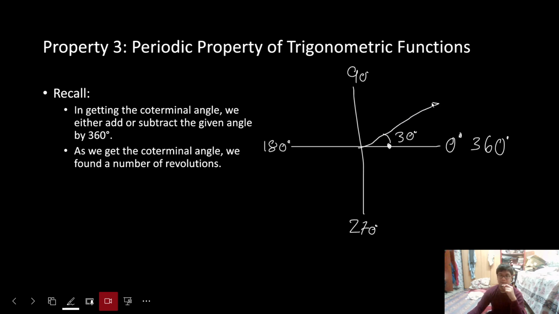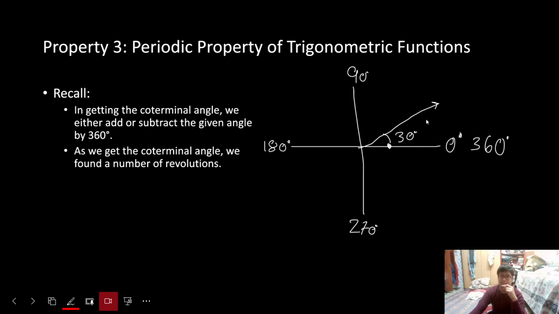So here, suppose that we have an angle, let's just say 30 degrees. From here up to there, you form an angle of 30 degrees. Now what we're going to do is get its coterminal angle. We either add or subtract 360 degrees to that given angle.